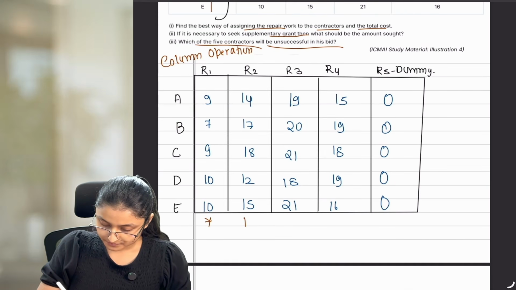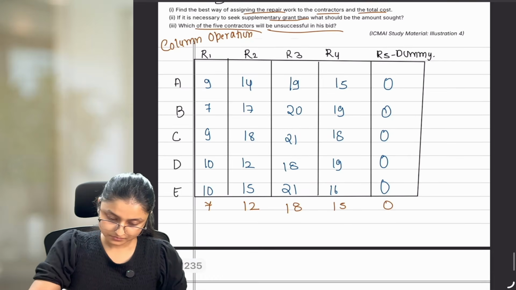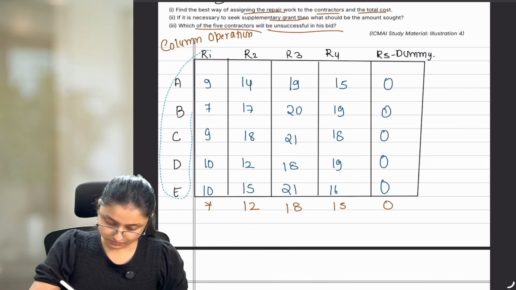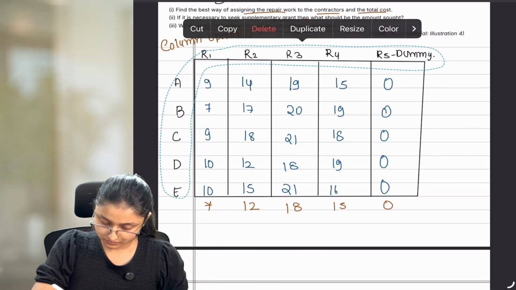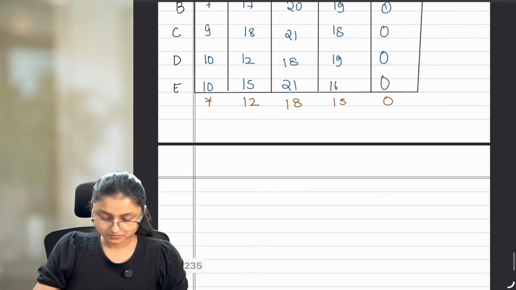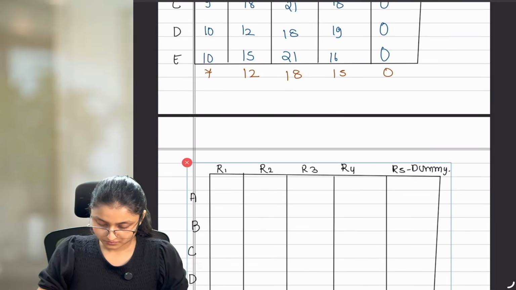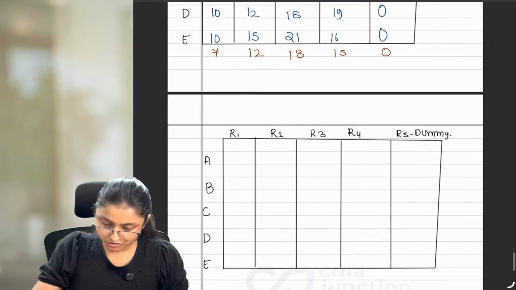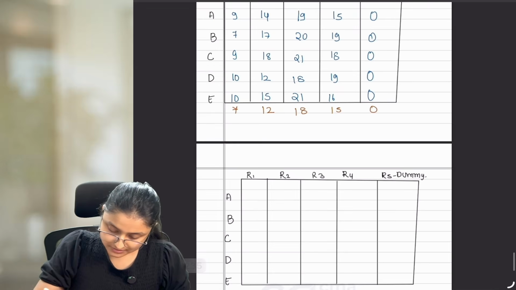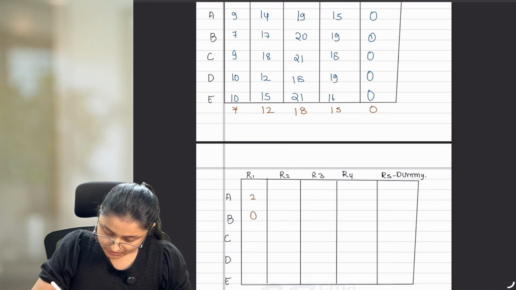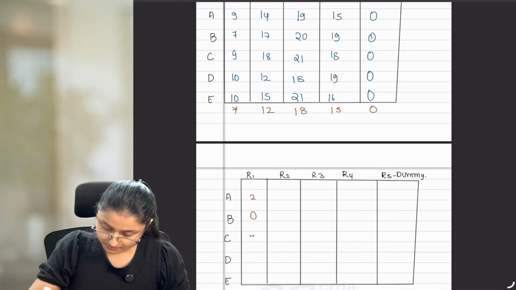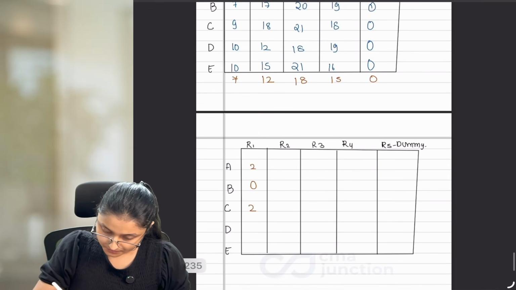7, 12, 18, 15 and 0. So our new table has 9 minus 7, 2, 7 minus 7, 0, 9 minus 7, 2, 10 minus 7 is 3, then again 10 minus 7 is 3.